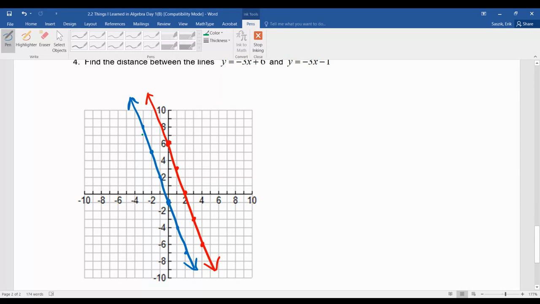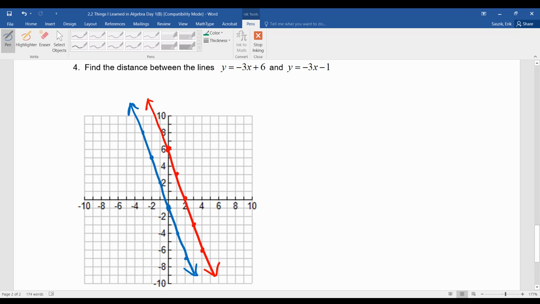Now, there's a million different perpendicular lines that you could draw in between here. Infinite, actually. But there's a couple of them that make sense. What would be nice is to use a y-intercept that you already have. For example, you could use this y-intercept and draw a perpendicular. You could use this y-intercept here and draw a perpendicular. So one of those is probably the way to go.